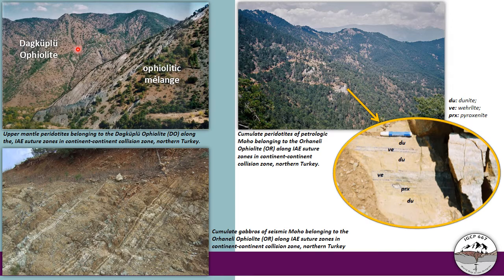Upper mantle peridotites, as the dominant ophiolitic rocks in the field, are composed mainly of harzburgite with dunite bands and lenses and disseminated chromite deposits. The Orhaneli ophiolite mainly contains ultramafic cumulates with dunite, wehrlite, and pyroxenite. Cumulate gabbros overlying the ultramafic cumulates display alternating plagioclase and clinopyroxene-rich layers.